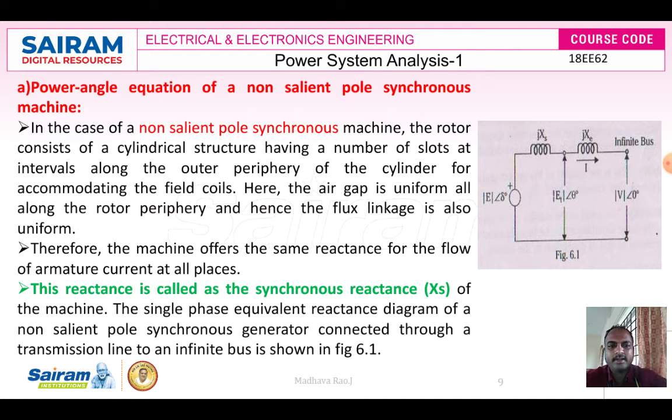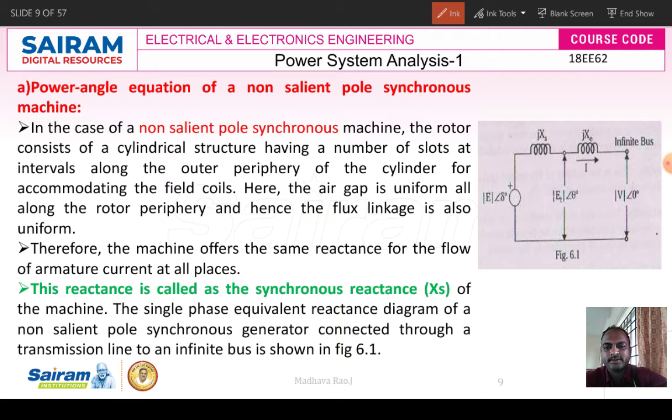Already you have studied in previous semesters how the non-salient pole type and salient pole type rotors are constructed. The air gap is uniform all along the rotor periphery, hence the flux linkage is also uniform. So, in this type of rotor, the flux linkage is uniform and hence the air gap is uniform.